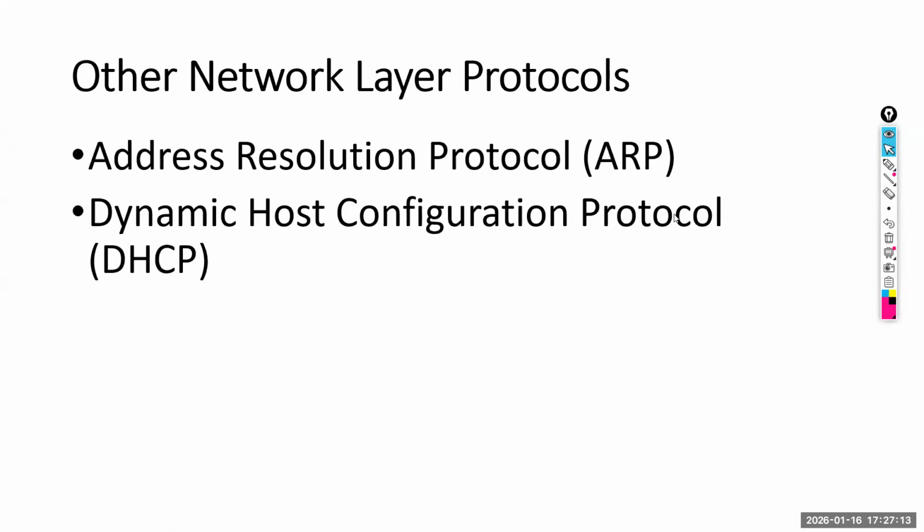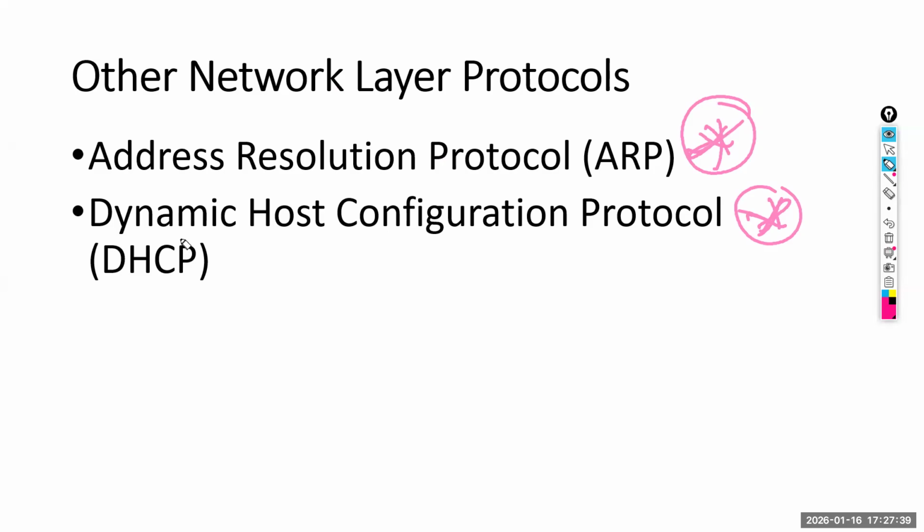Out of those, we are going to briefly look at two more protocols. At least you must be aware that these two protocols are also in the network layer, and very briefly, what is the purpose of each of these two other protocols? What are those? The Address Resolution Protocol, ARP, and Dynamic Host Configuration Protocol, DHCP.